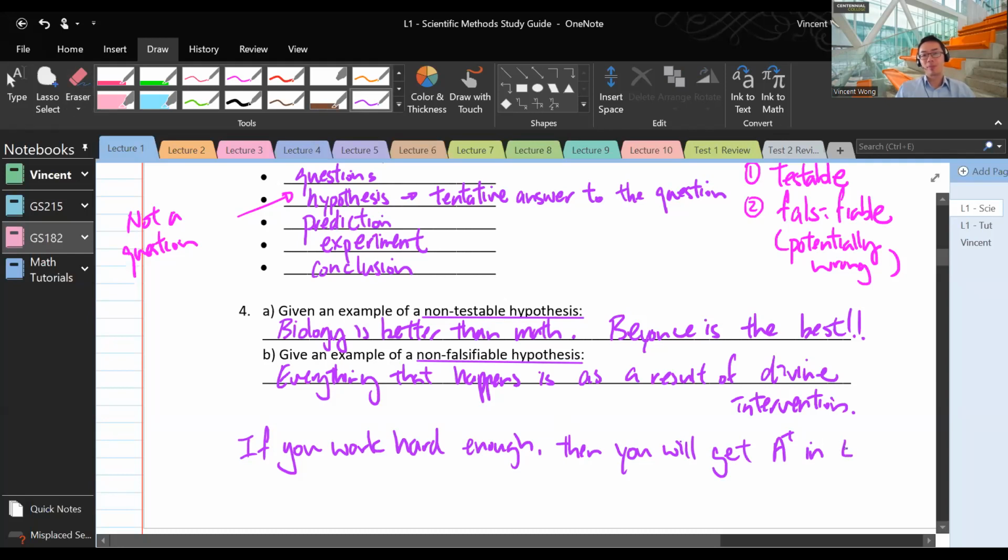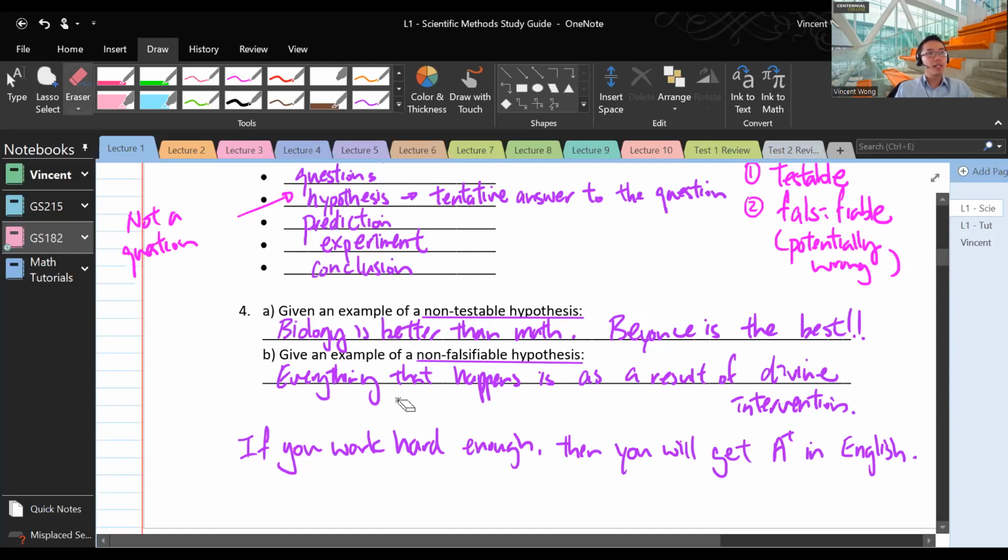Growing up, the subject was English for me. Okay, so that's non-falsifiable, right? Because if I don't get A, then they can always say, well, that's because you didn't work hard enough. And then if I work harder and I still did not get A, well, that's because you didn't work hard enough, right? So that's an example of a non-falsifiable statement.